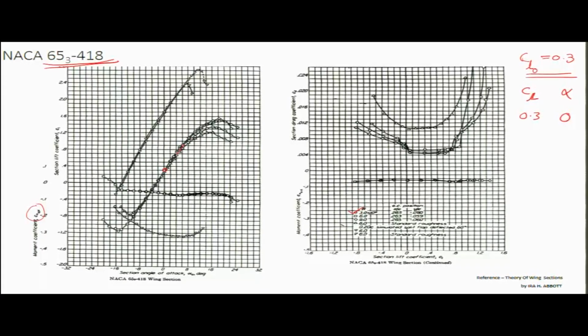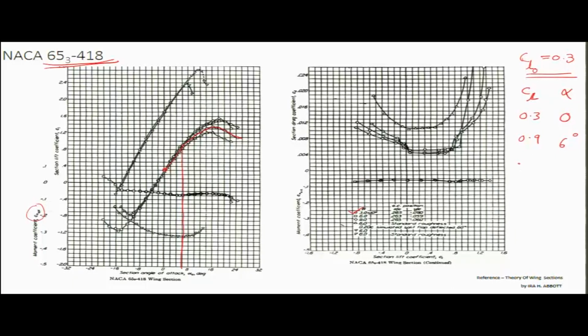Maybe up to this point we may consider this as a linear curve, a straight line. The corresponding angle of attack is approximately 6 degrees, because beyond this there is a change in slope and it becomes non-linear. At this 6 degrees angle of attack, the corresponding CL value is 0.9.